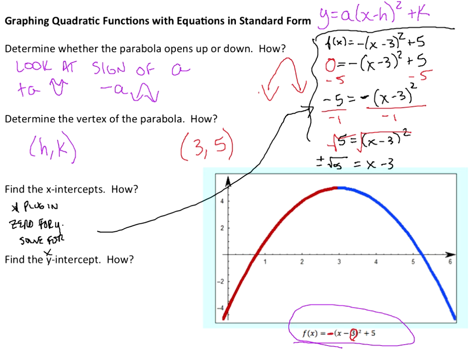Add 3 to both sides, and I get that the x-intercepts are x equals 3 plus or minus the square root of 5.